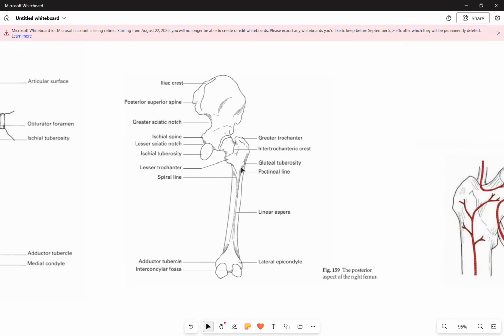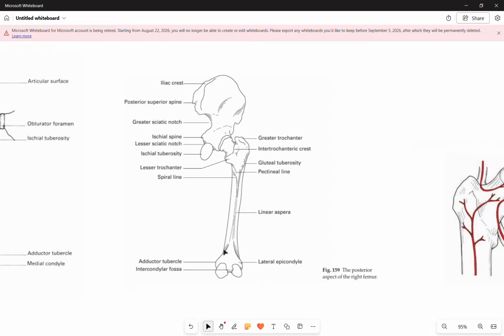Posterior aspect of the shaft has got a crest here which is known as linea aspera. This linea aspera divides lower down posteriorly, medially and laterally.